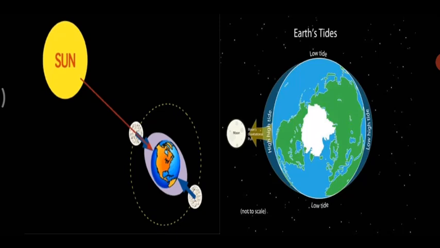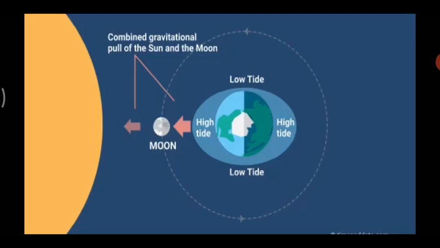Let's move forward. Now, this diagram or picture tells you about the low tide and the high tide. And we can see how the combined gravitational pull of the sun and the moon creates high tide and low tide. A place on the earth located on the opposite point of the place experiencing high tide or low tide also experiences high tide or low tide respectively at the same time.